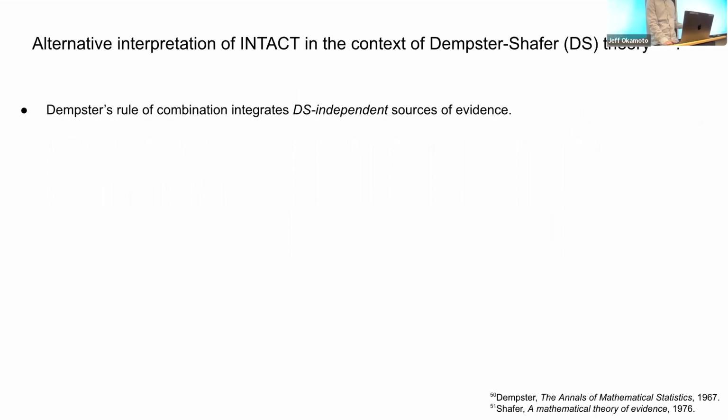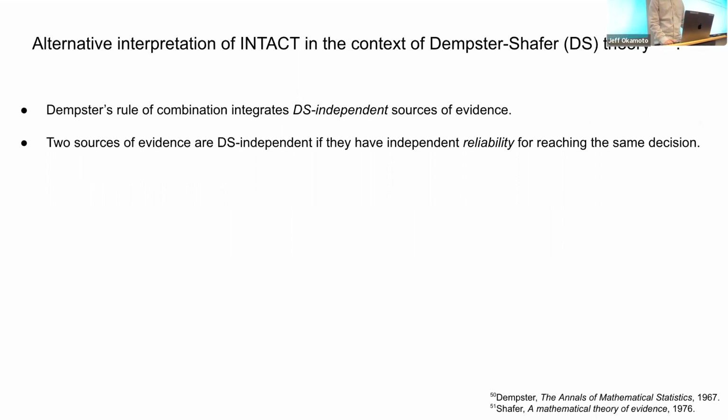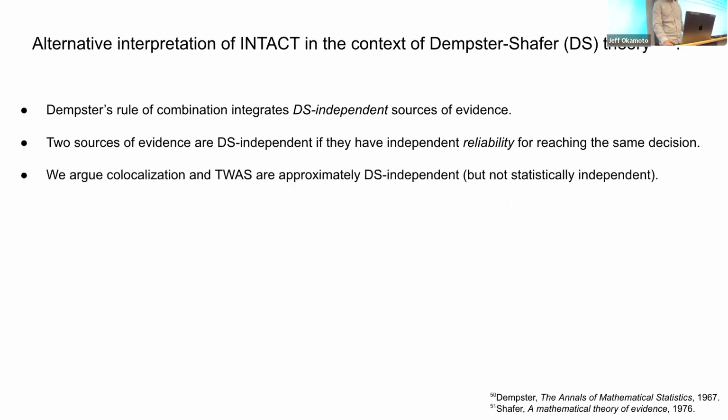So why we're really interested in interpreting INTACT in this context is for what's called Dempster's rule of combination, which allows us to integrate DS-independent sources of evidence. So what does DS-independent mean? Two sources of evidence are DS-independent if they have independent reliability for reaching the same decision. Following our earlier conversation and the background about the different sets of genes that can be implicated by TWAS versus colocalization, we're going to argue that colocalization and TWAS are approximately DS-independent.